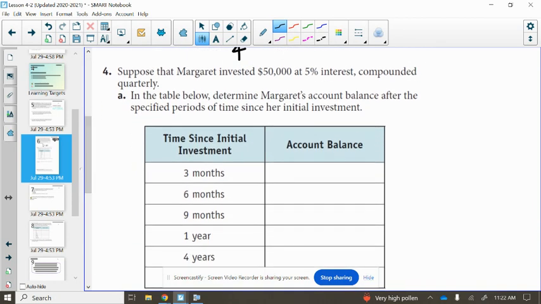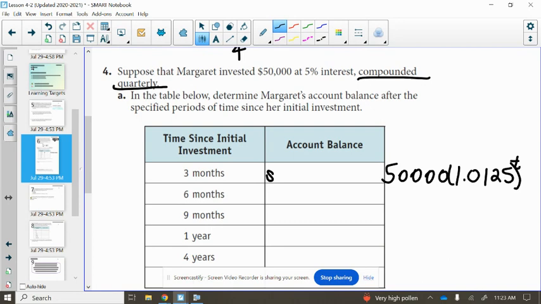So then on page 53, we see our pal Margaret investing $50,000 at 5% compounded quarterly. Again, that 50,000 is really being multiplied by 1.0125 to the T. In this case, T is 1 because it's been after 1 compounding.